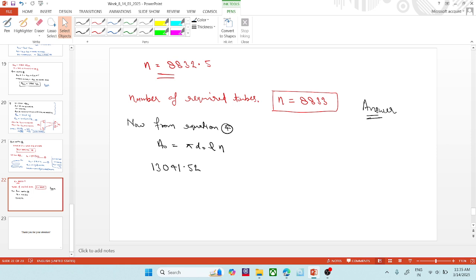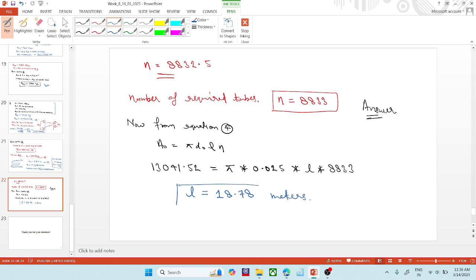Yes, 13041.52 will be equal to pi into d naught value, we are having 0.025, L we have to determine, and N we have just calculated, 8833. So when we simplify and solve it, we will get the length of the tube L equal to 18.78 meters. Okay, so this would be the complete answer for part C.